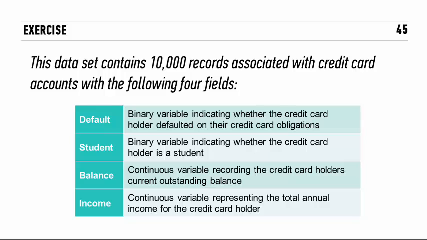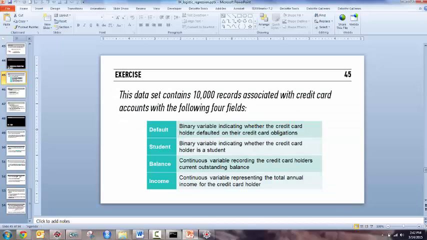There's whether or not the person defaulted, which is a binary variable. There's whether the person was a student or not. Their current balance on their credit card, and how much annual income this particular credit card owner makes.